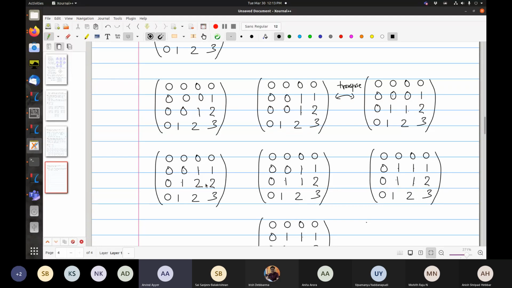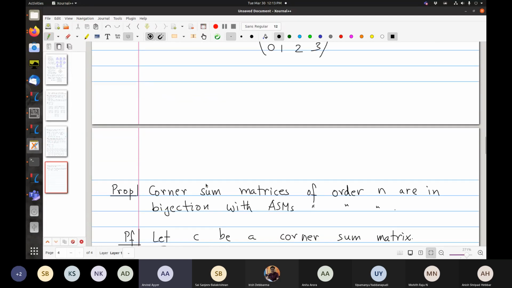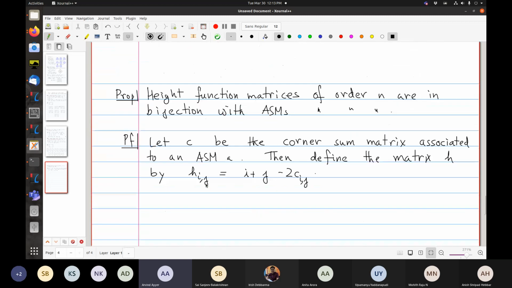So adding this i plus j thing is naturally comfortable. So again, exercise: construct the inverse. I might actually give you the answer later on.